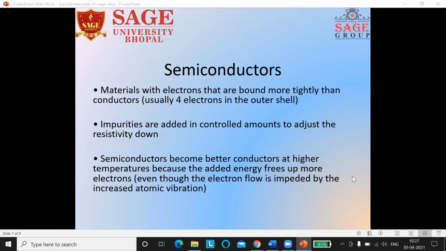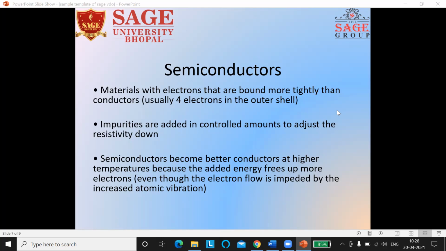In other words, semiconductors become better conductors at higher temperature because the added energy frees up more electrons, even though the electron flow is impeded by the increased atomic vibrations. So that is called a semiconductor.